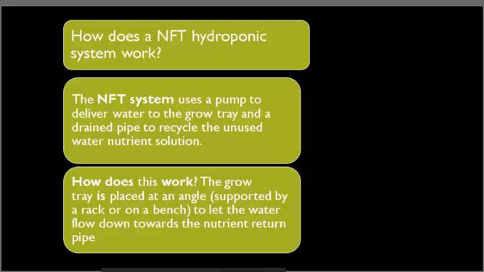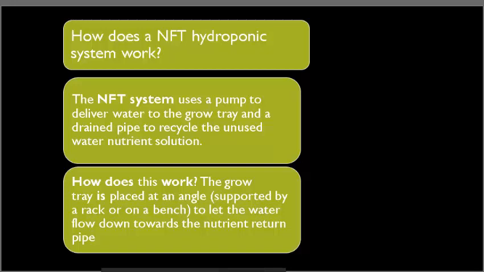Who will tell me? What is the full form of NFT? This is called nutrient flow technique. Right? Nutrient should always be flowing. That's why the name is nutrient flow technique.